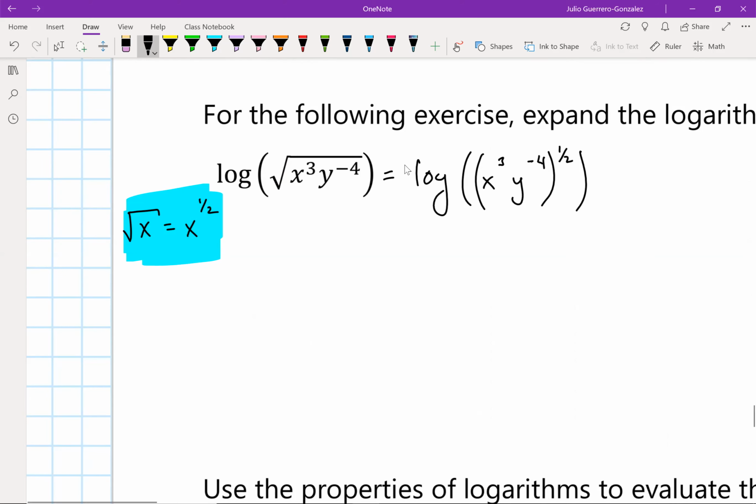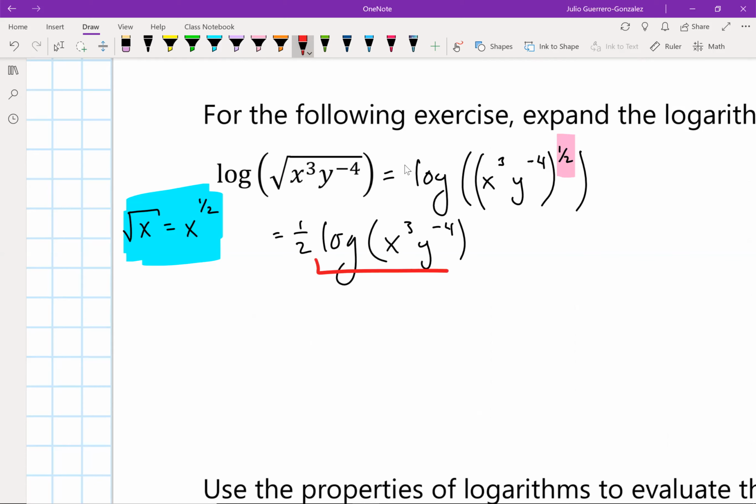So then what happens with the 1/2? It goes to the left side. Tell me what to write. 1/2 log of x cubed y to the negative fourth.